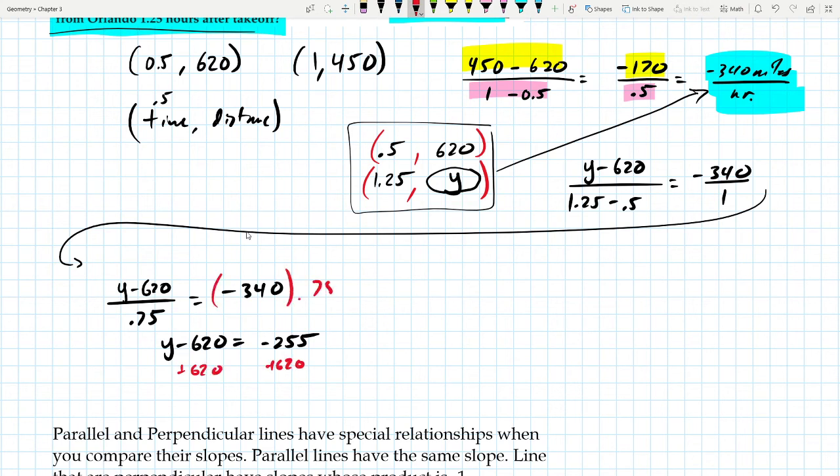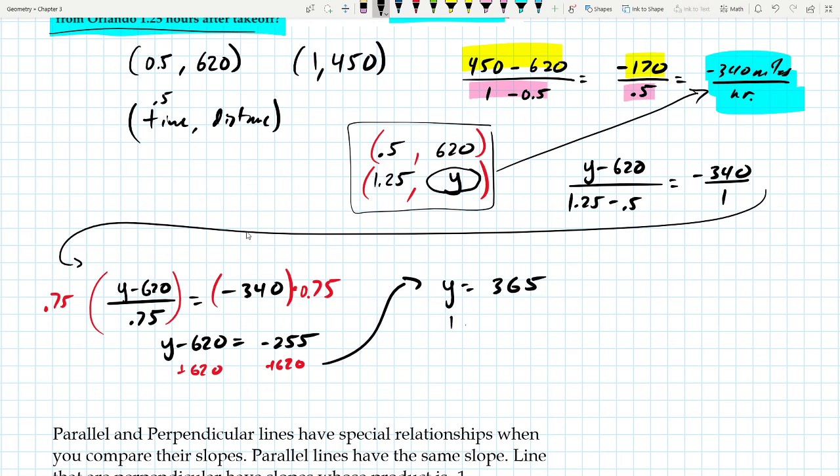If you missed it, I multiplied each side by 0.75. That canceled it out. And we get y equals 365.